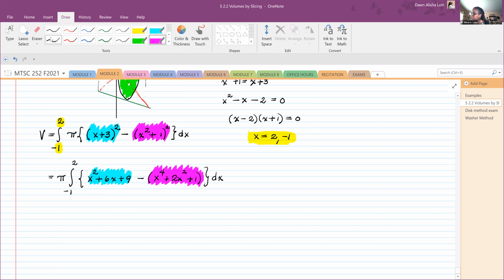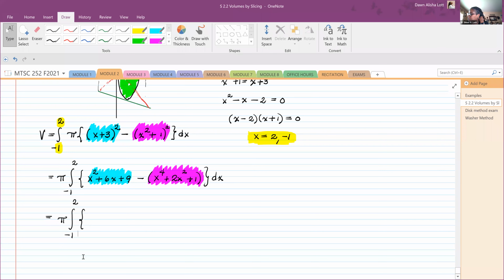So now I'm going to simplify it. What does that come out to be? X to the 4th, is it negative or positive?